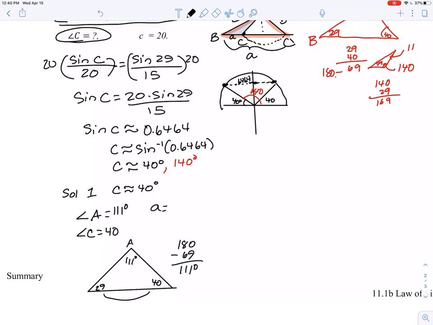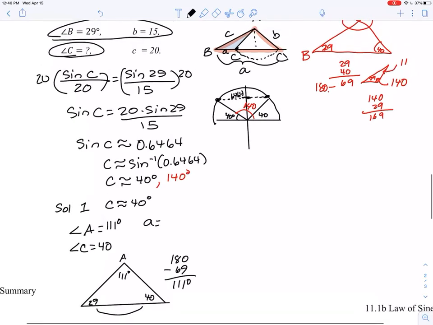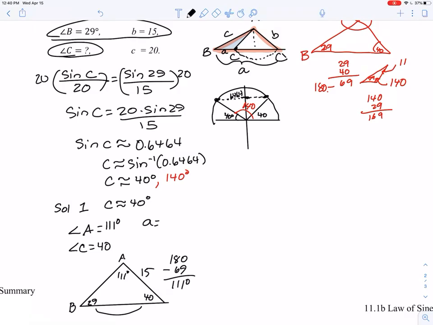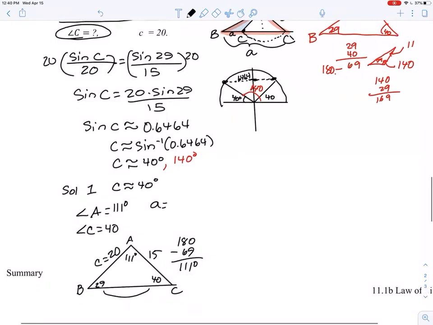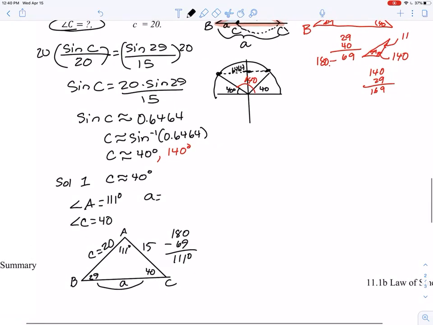Okay, and we already know that this side over here is 15, because this was angle B, side B, and side C over here was 20. And so now all we have to do is find side A for this situation.